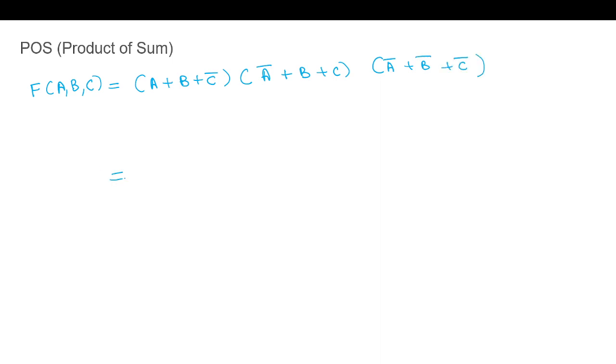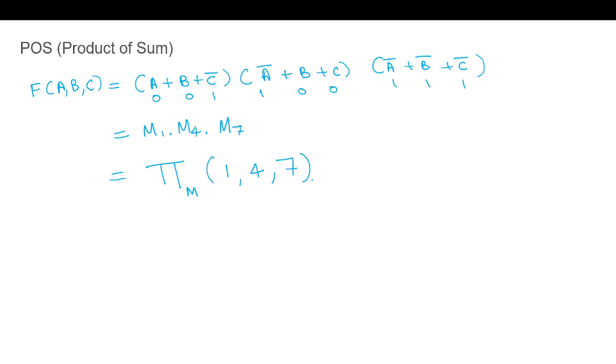Then we represent this with the notation pi, because it's a product term, and capital M. It is the product of max terms. So what are the max terms? This is 0, 0, 1, 1, 0, 0, 1, 1, 1. So it's a product of M1, M4 and M7, also denoted as pi of M 1, 4, 7.